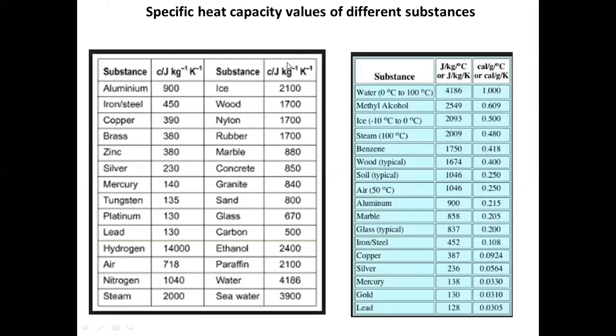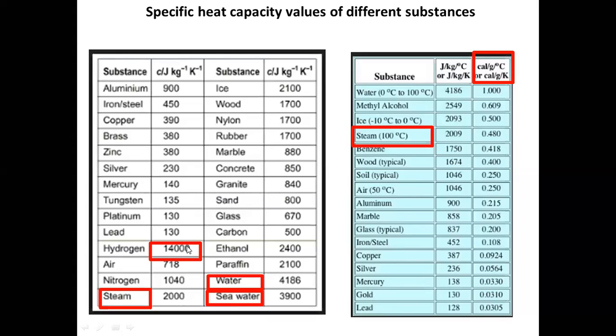So here you can see the specific heats. I've got these tables, all experimental values. So steam, you can see the hydrogen 14,000. Here all are calories, joules. The time is running, we have another 10 minutes.